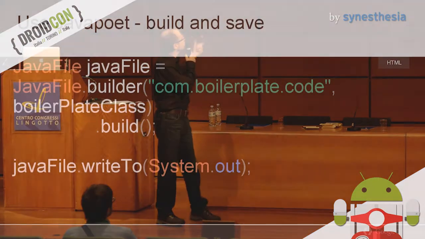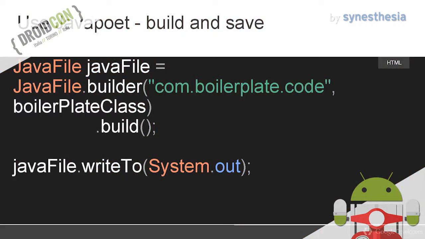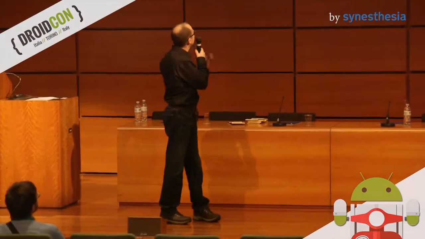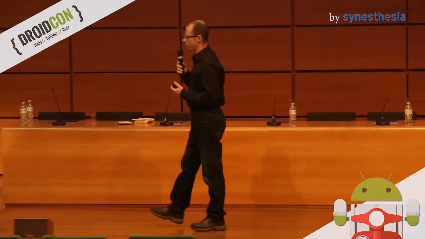And hopefully we should be done. And that's correct. We just call the Java file builder API, wrap it up with a package name, we build it, and essentially for the sake of simplicity of the code, we just output this to system out. But for instance, you can happily write a file, and then these files can be used as part of your build. Amazing.